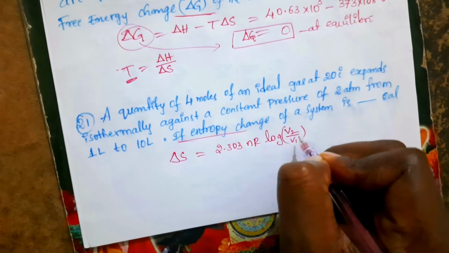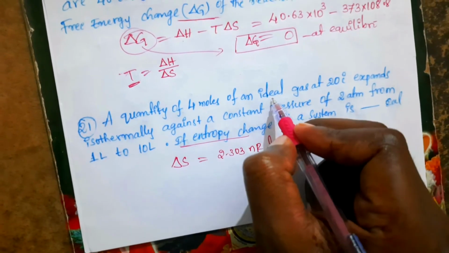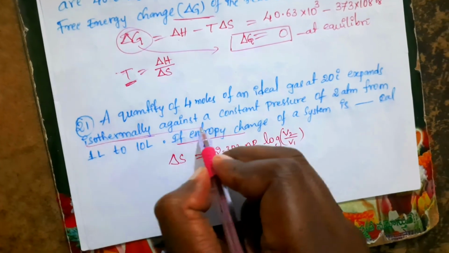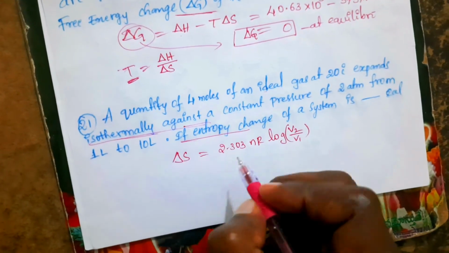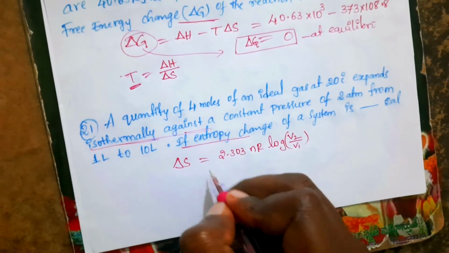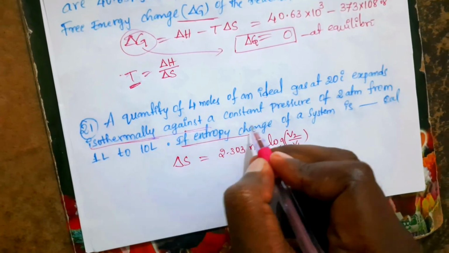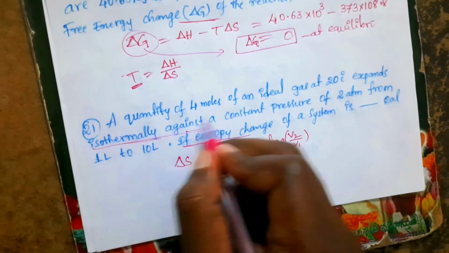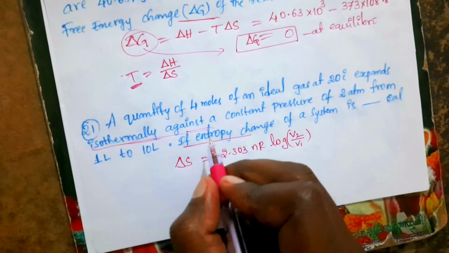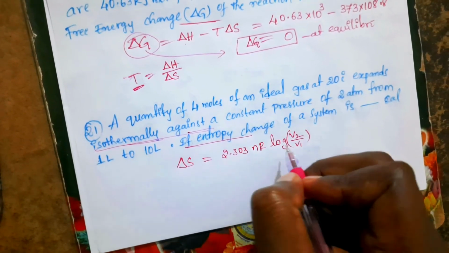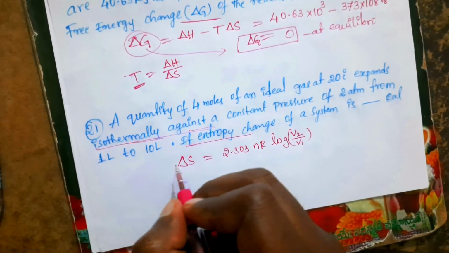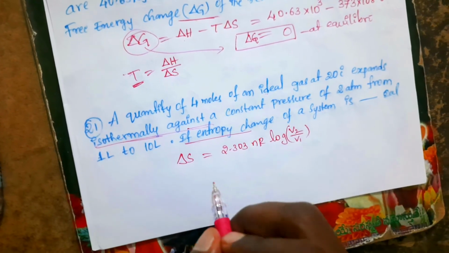Whenever an ideal gas expands isothermally, internal energy will be 0 and delta H is equal to minus W. In place of delta H we can take delta S there.